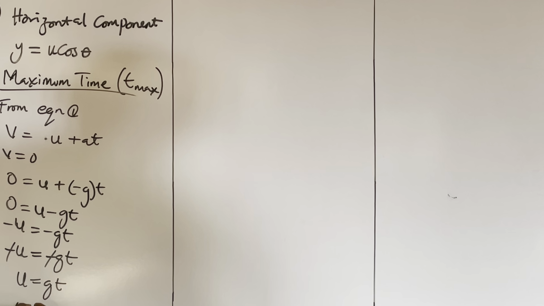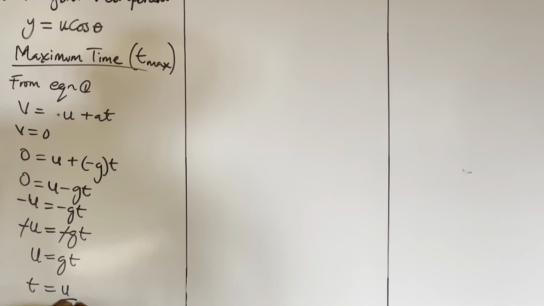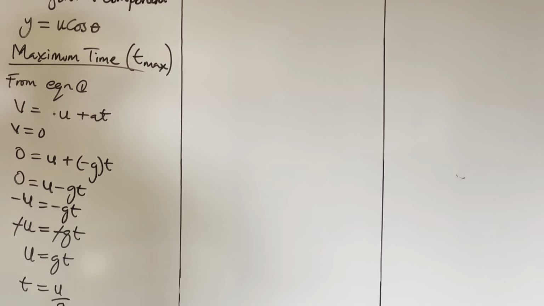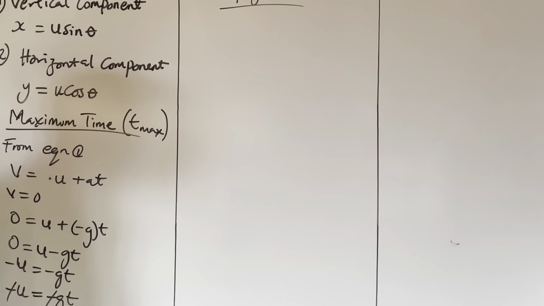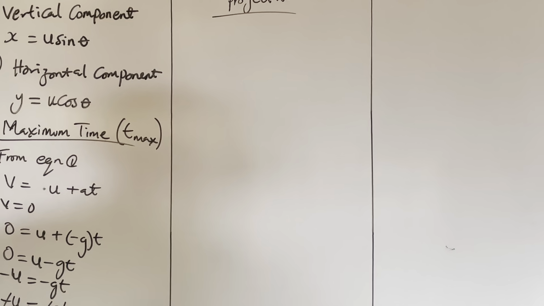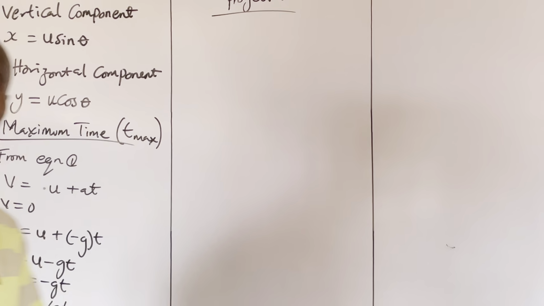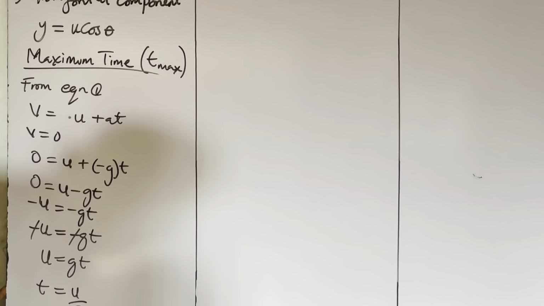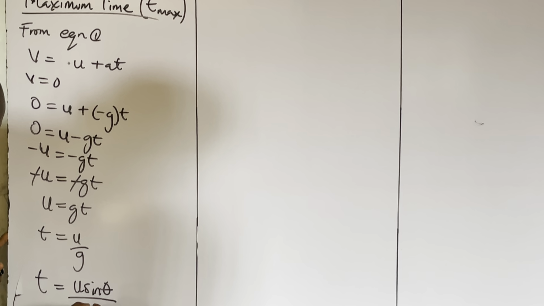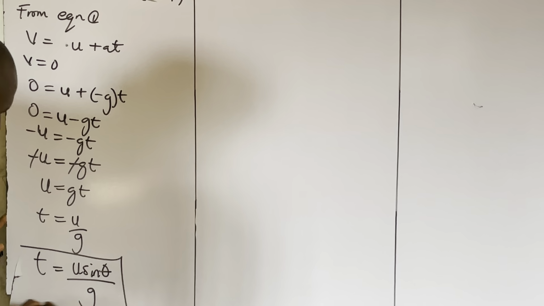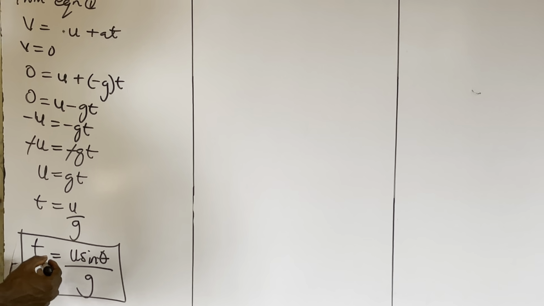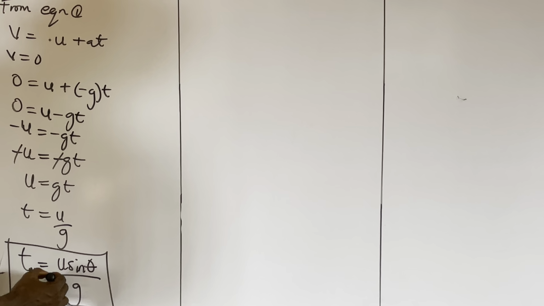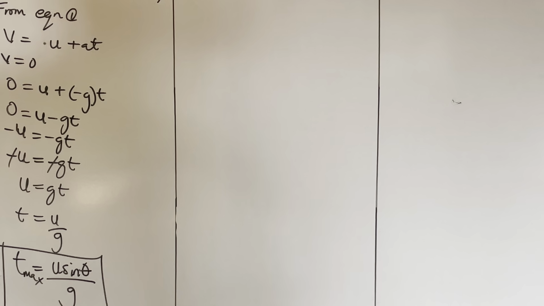So t is equal to u over g. But remember that we're talking about the vertical component, maximum time, the time it took us to project something. So we call this t is equal to u sine theta over g. This is the formula for maximum time. You can decide to put T max here or you just put ordinary t. Did you understand now? So this is maximum time.